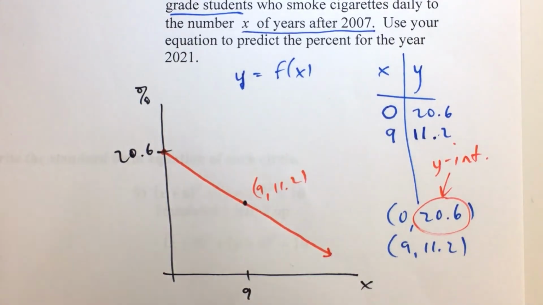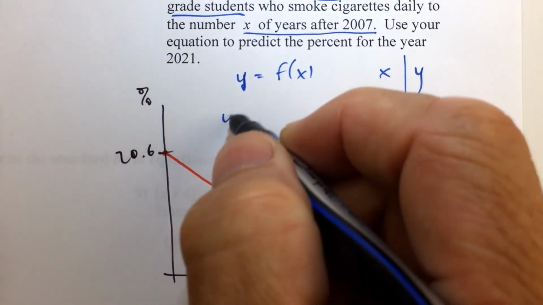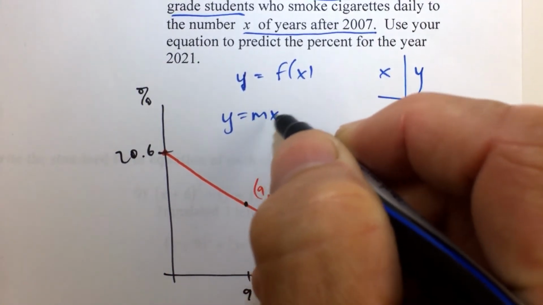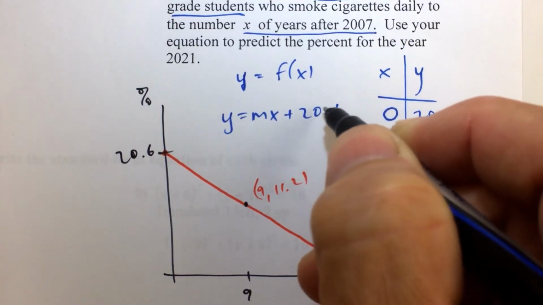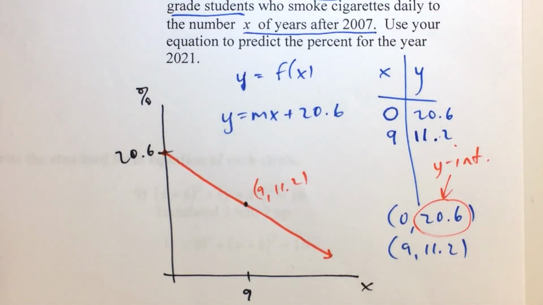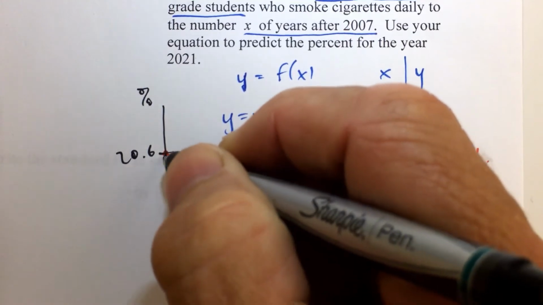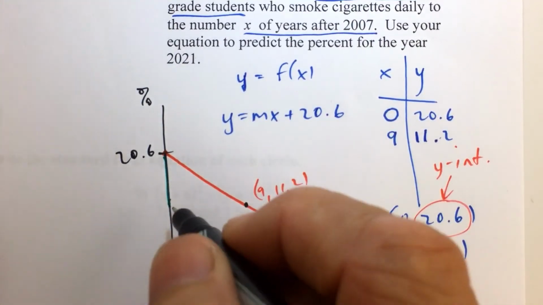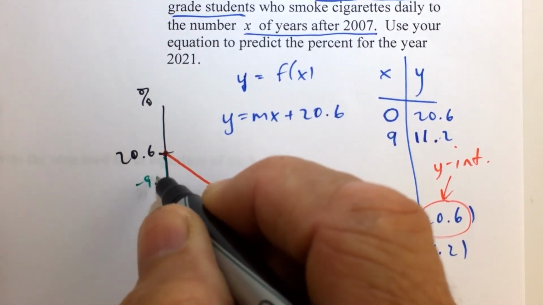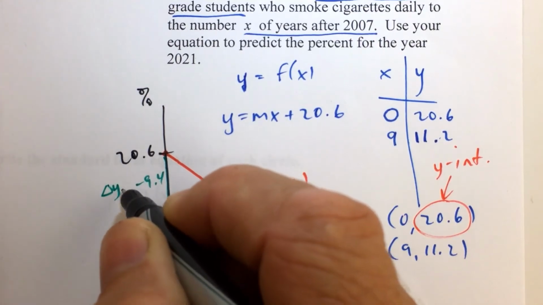The equation of a line is y equals mx plus b. All we have to do is find the m, because we already have the b, the y-intercept. How do we find the m? We take the difference in the y-coordinates. We go down 9.4, so negative 9.4 is our change in y.